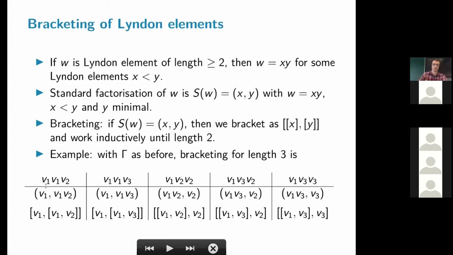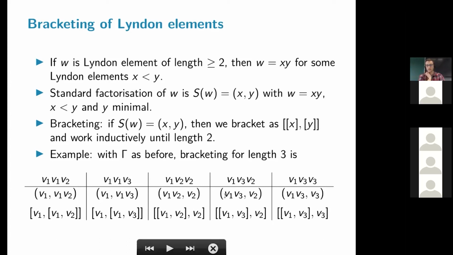So as an example, if you take v1, v1, v2 as Lyndon element, there is only one decomposition in other Lyndon elements, namely v1 and v1, v2. So the bracketing of this element is the bracketing of v1, which is simply v1, comma, the bracketing of v1, v2. Now, the decomposition of v1, v2 is just v1, comma, v2. There is nothing else you can do. So this gives the bracketing of v1, v2, and put together, we get the bracketing of the Lyndon word v1, v1, v2.